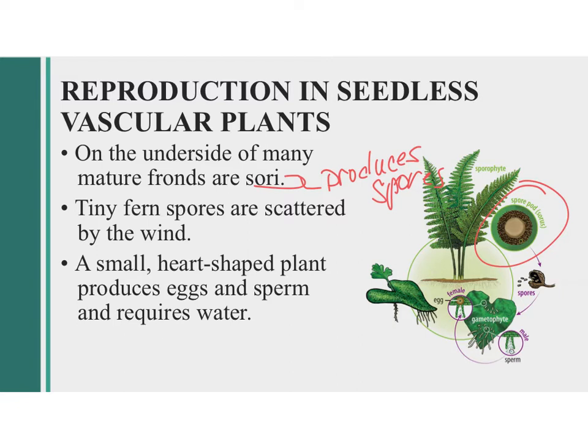We know that. Not every spore that falls on suitable soil is going to germinate and grow further, but many will. Those that fall on the ground will grow into a heart-shaped plant. Okay, you see that? That looks like a heart-shaped leaf, right?